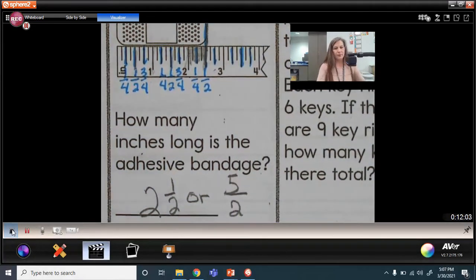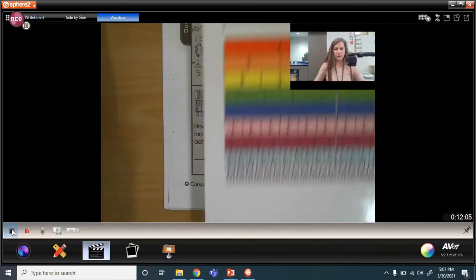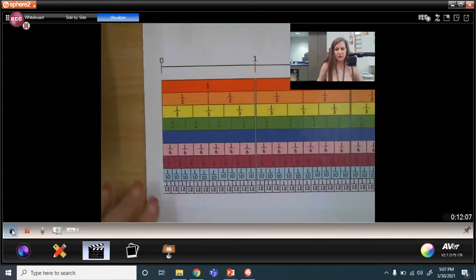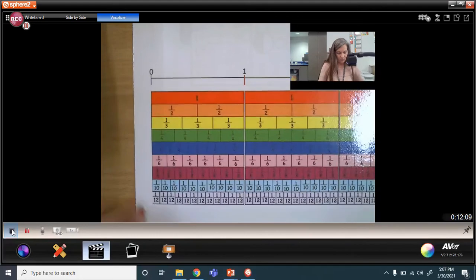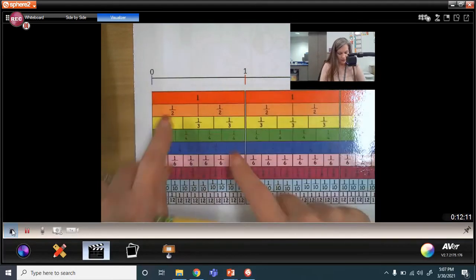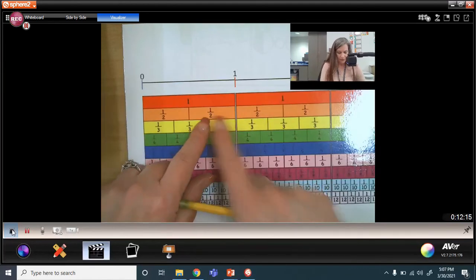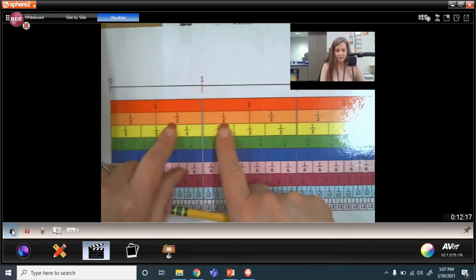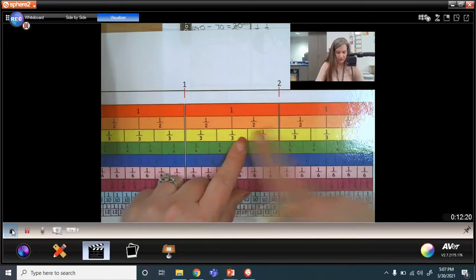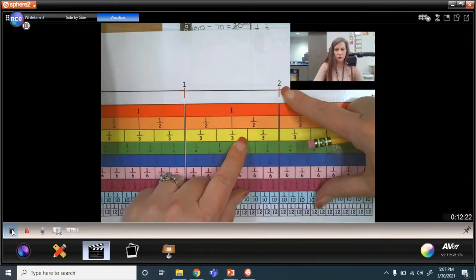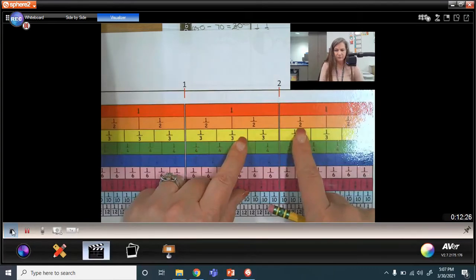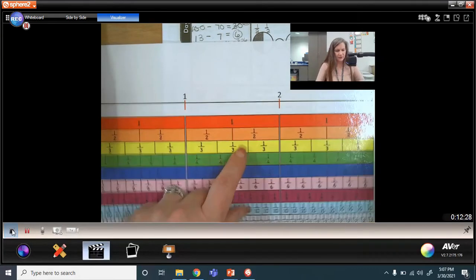So if you remember, I'm going to zoom out here. Remember this sheet? Well, I have 1 whole, so I have 1 half, 2 halves, 3 halves, 4 halves. Now I'm at 2 whole, which would be 2 whole inches on my paper, and then another half makes 5 halves.